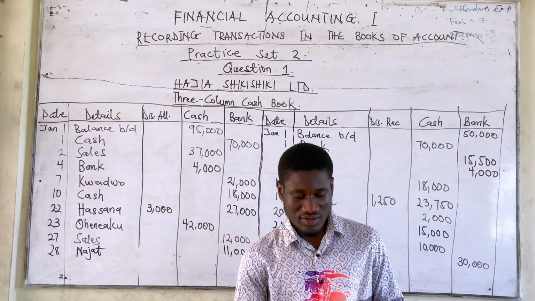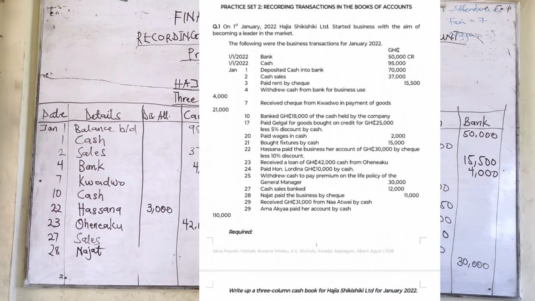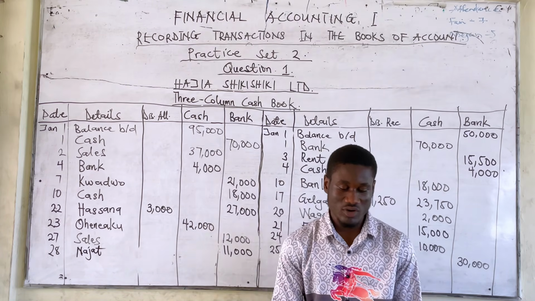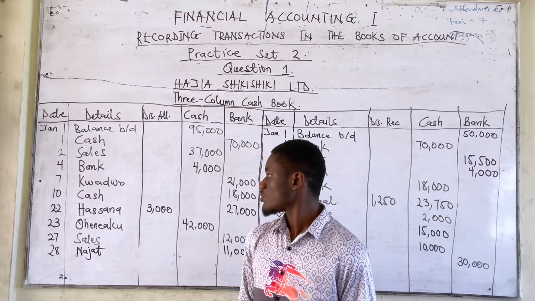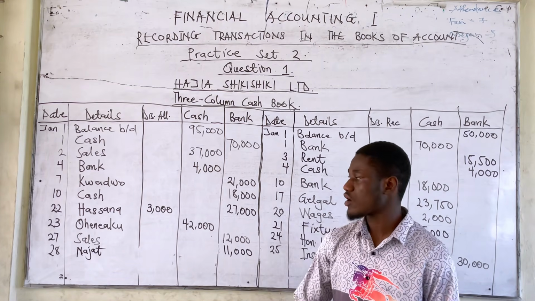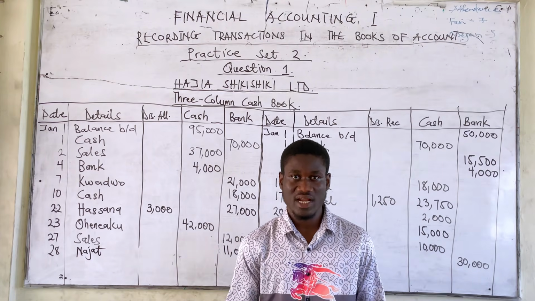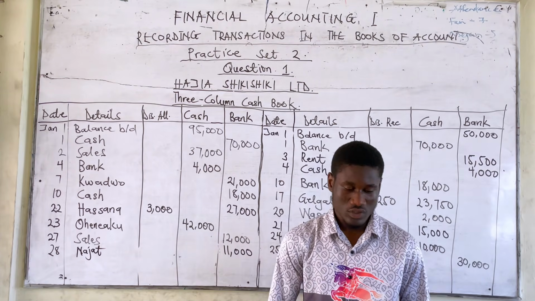Now it says January 29, received 31,000 from Now by cash. Okay, so received 31,000 from Now by cash. So what we are going to do here is we are only interested in what cash is doing. So the cash is increasing here, so we are going to debit. You get it? And we received from whom? Now. You get it? Good.